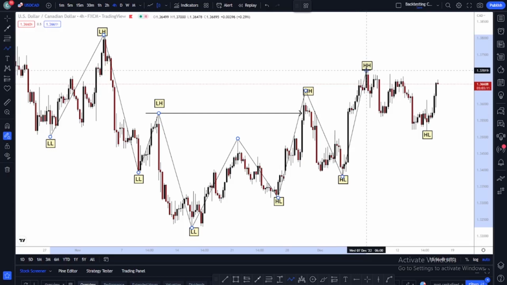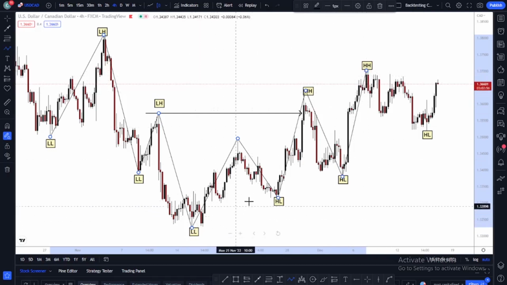Because this high is higher than its previous high. Looking at this formation, we can see this is a bullish formation being created, because you can see higher highs and higher lows being formed, so it's considered a bullish trend.